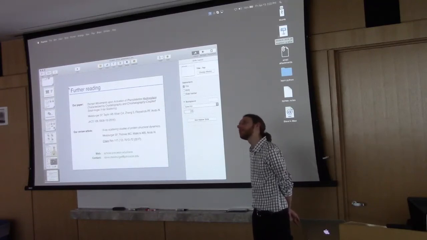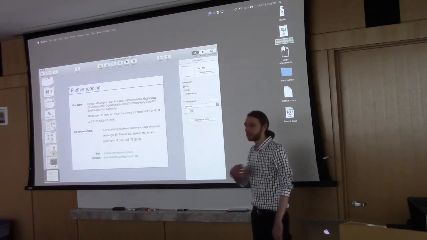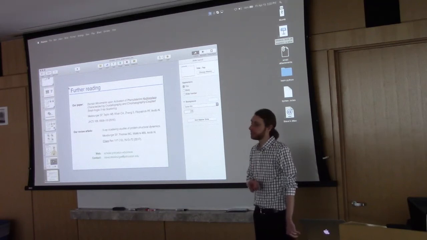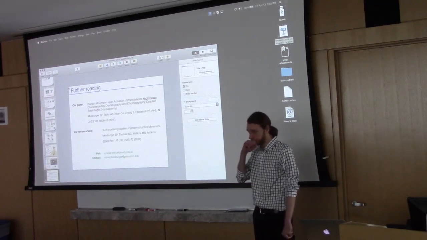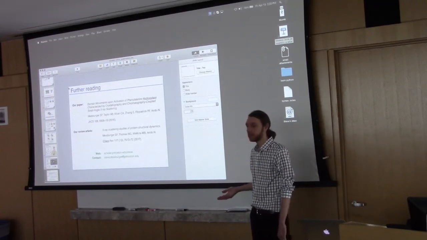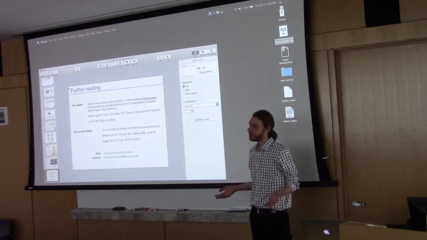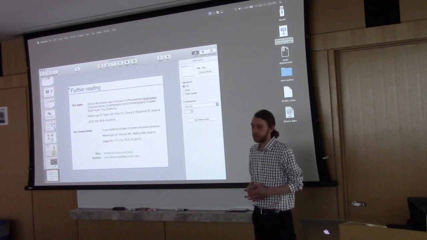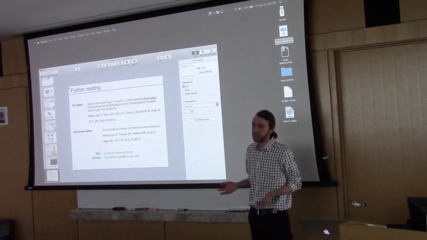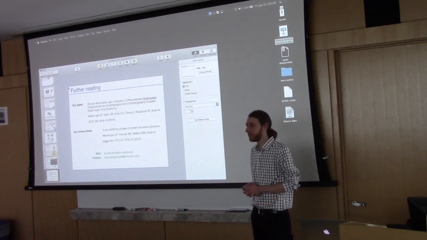Right. So BioSAXS RAW implements EFA, which is the method that I showed. EFA has the fewest assumptions going in, so you don't have to assume that you have a linear Guinier, you don't have to assume other things.